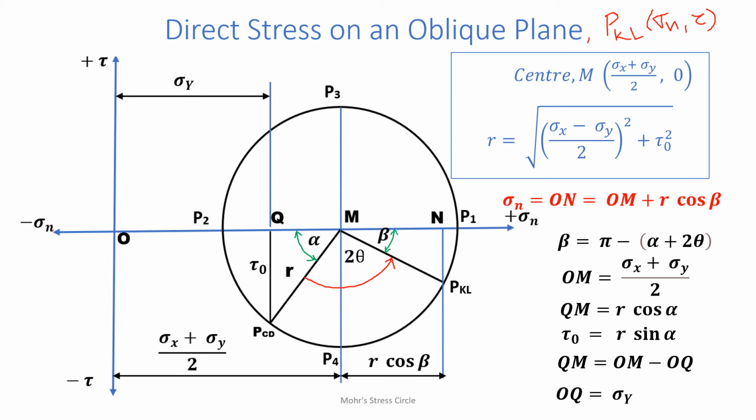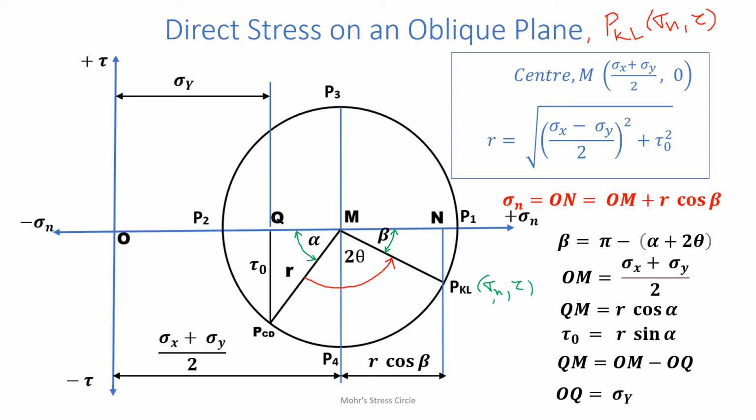Then if our concept that the angle gets doubled to 2 theta is okay, then the stress on the plane is represented by the stress coordinates for this point PKL. These coordinates should represent sigma n and tau.